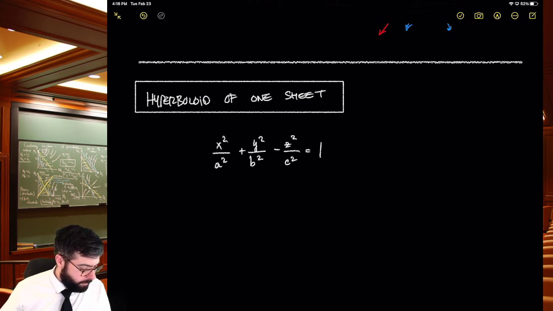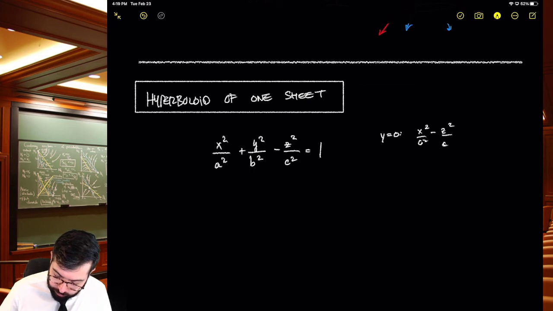So, if you look at y equals 0, what are you getting? x squared over a squared minus z squared over c squared equals 1. This is a hyperbola, right? In the xz plane.